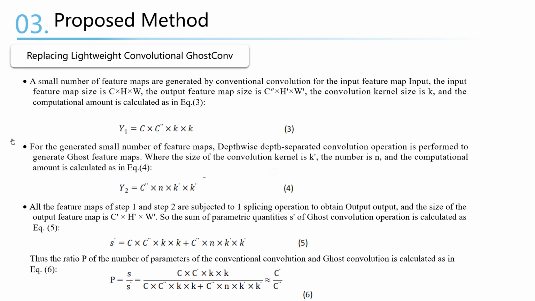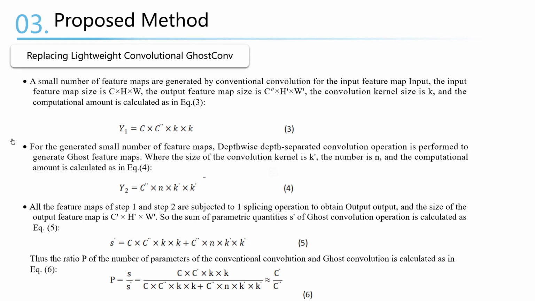For the generated small number of feature maps, a depth-wise separable convolution operation is performed to generate Ghost feature maps. Where the size of the convolutional kernel is k, the number is n, and the computational amount is calculated as in formula 4.